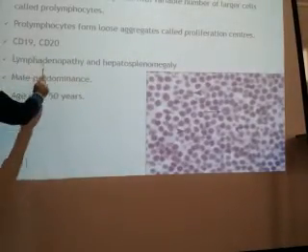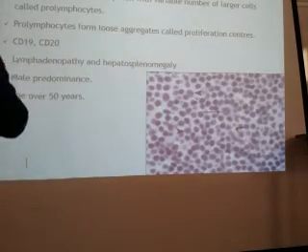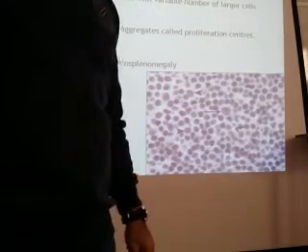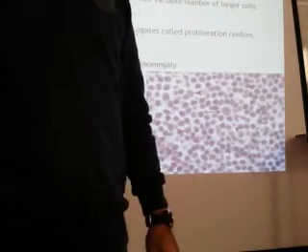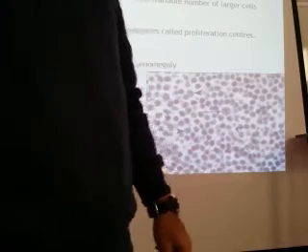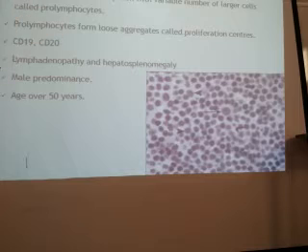Here lymphadenopathy and hepatosplenomegaly are very, very common. This is the counterpart of chronic lymphocytic leukemia in the blood. You have the chronic lymphocytic, small lymphocytes in the blood also. If you find that in the lymph node, this is small lymphocytic lymphoma. So they are counterparts.